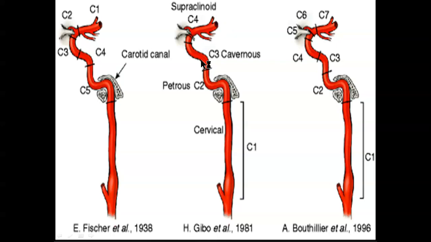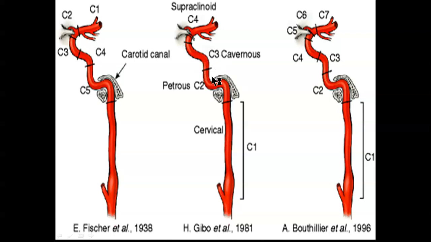So this is all said in that slide. So Gibo said this one is the extracranial part, cervical part, because it hasn't entered even the skull yet, so it is outside the skull, therefore extracranial. Whereas the Petrus and the cavernous parts are inside the skull but outside the dura matter.